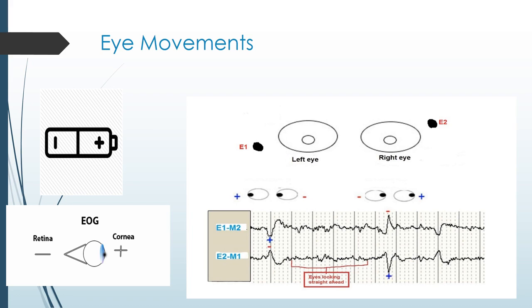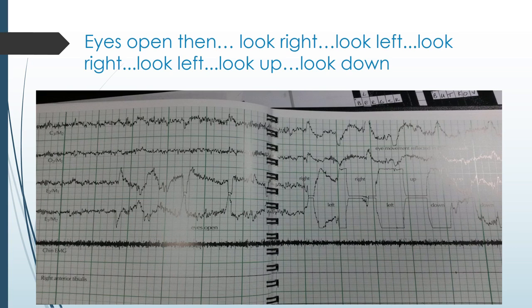Then you see it look straight ahead again, and then the patient looks to the other side, and the cornea of the right eye becomes closer to the right eye electrode, so you see a positive deflection, and the line moves downward. Okay? I know it's confusing, so you might want to write that down. A negative deflection, the line moves up. A positive deflection, the line moves down. Okay, let's go on to our next slide. So here's an example.